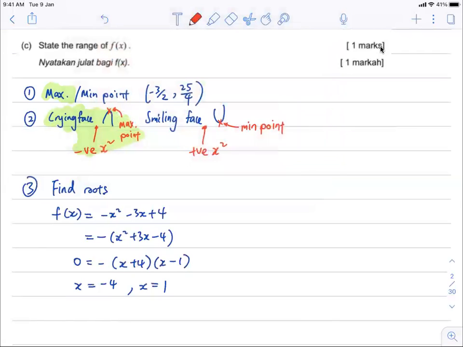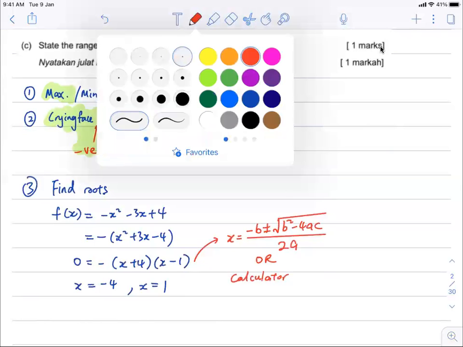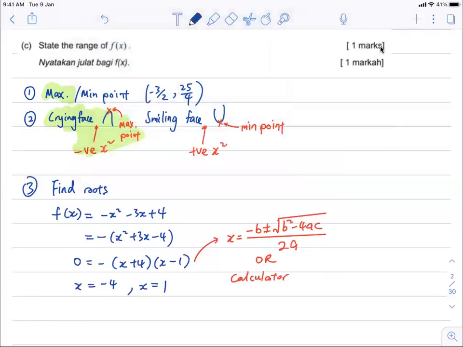If you are not sure how to factorize, you can also use this formula to find the root: x equals negative b plus minus square root of b squared minus 4ac, all over 2a. Or you could also use the calculator function to directly find the root. So now I already have the roots.